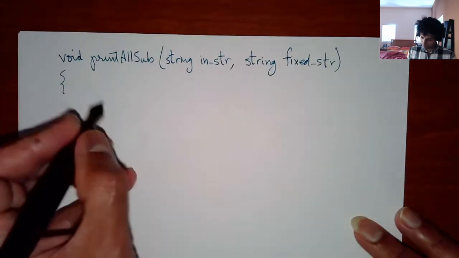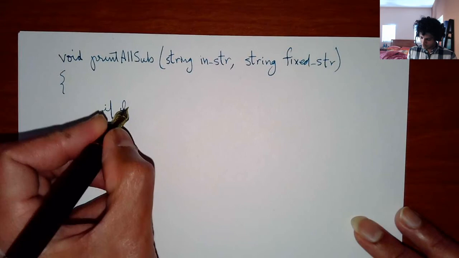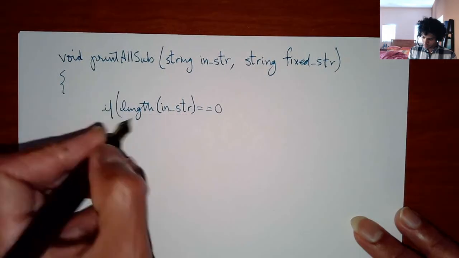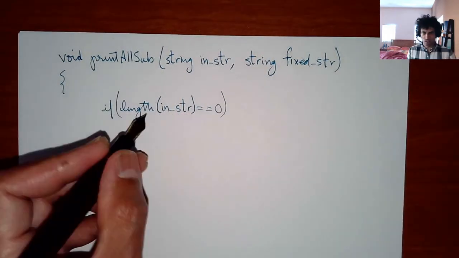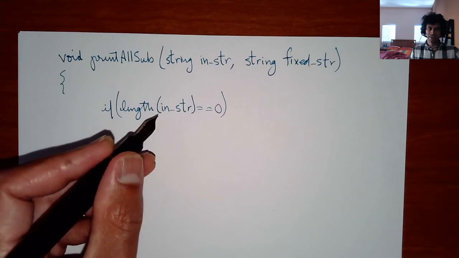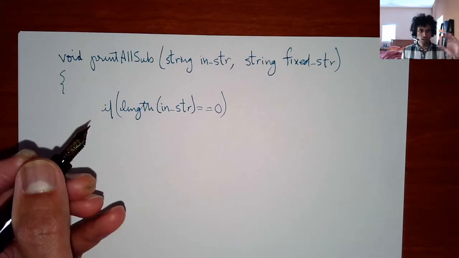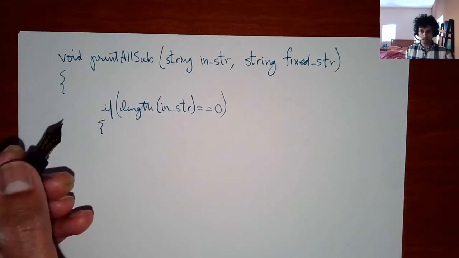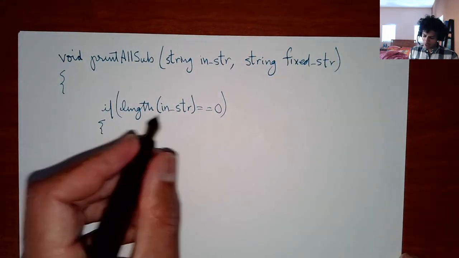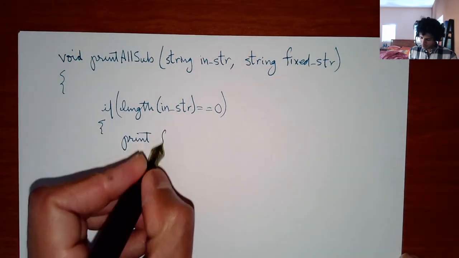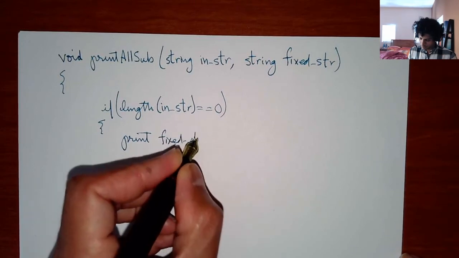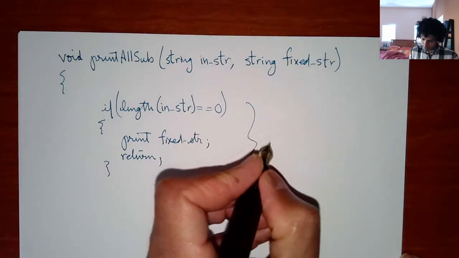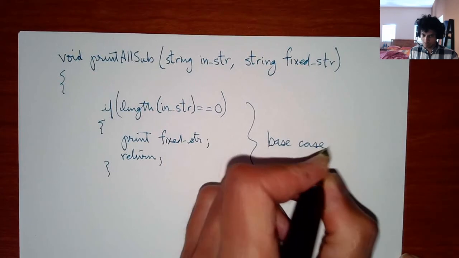So for the base case, if the length of the input string is 0, and if you're in C you can do the string dot len or whatever. I keep switching between Python and C++ for strings. It's not important. You get the length, and if the length is 0, then you print the fixed string and return. Right? So this is the base case.